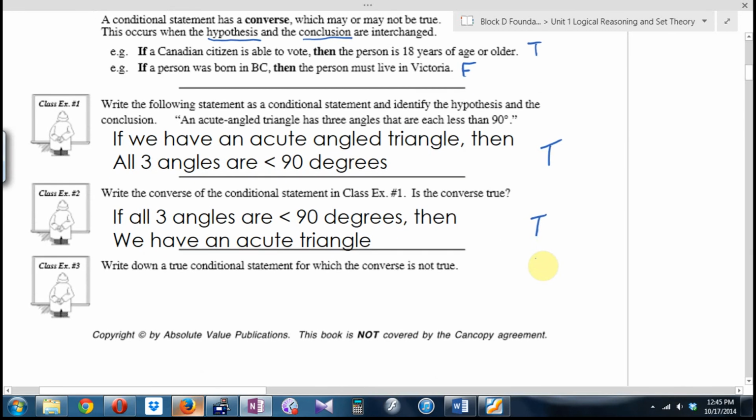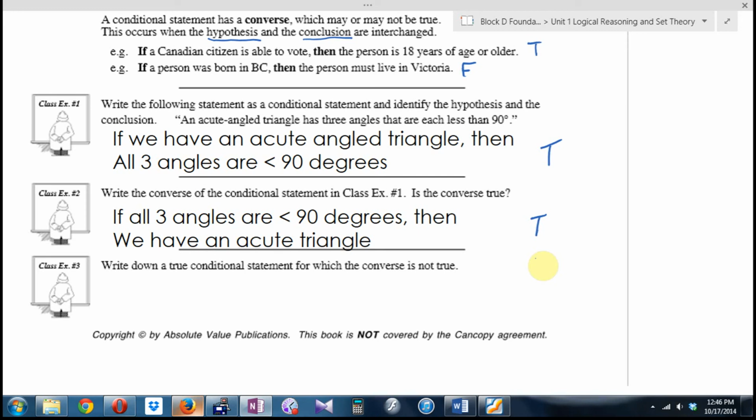It says, write down a true conditional statement for which the converse is not true. If it's raining, it's cloudy outside. True? Yes. Can it rain without clouds?